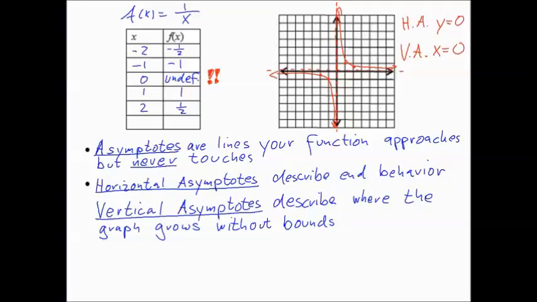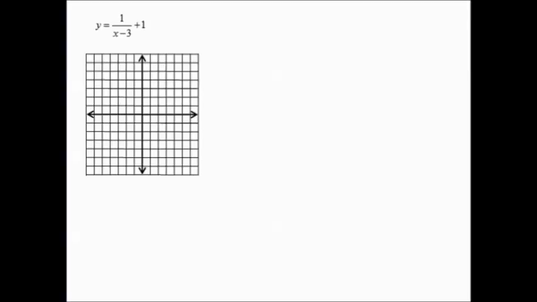So since we want to graph all rational functions using a transformational approach, we need to understand how a, h, and k change the graph of any rational function. And a, h, and k are in these positions: y is equal to a over x minus h, plus k.